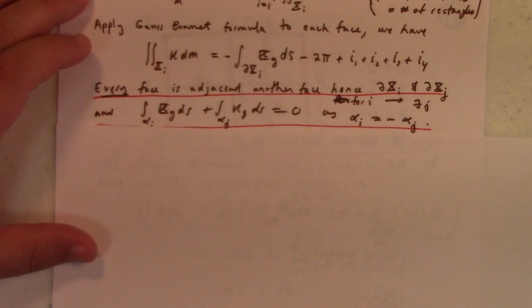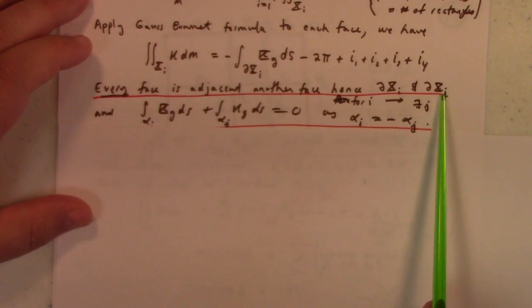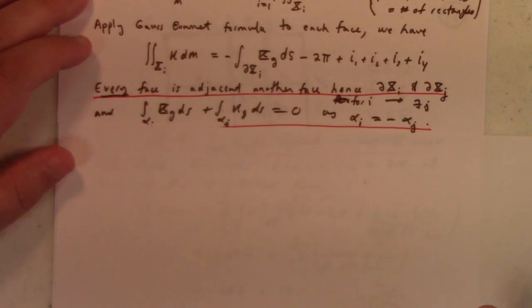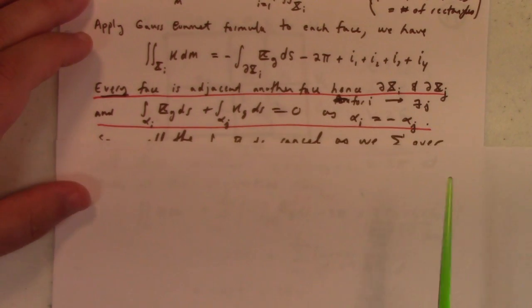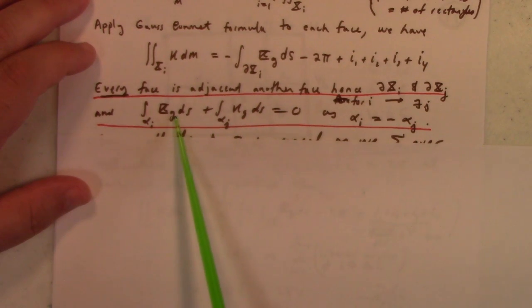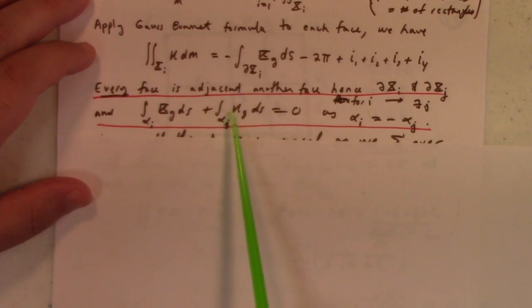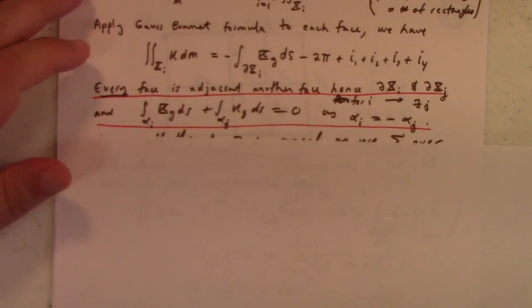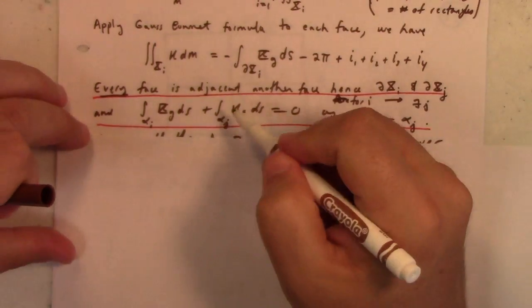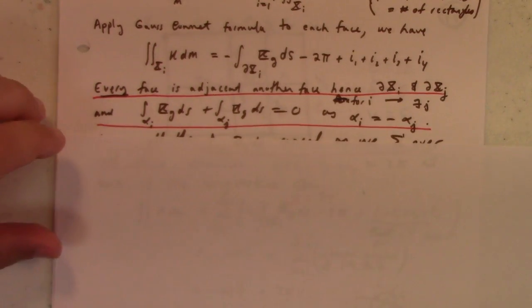But every face is adjacent to another face, and so the boundaries are overlapping. In particular, we have that the integral over alpha i plus the integral over alpha j, I think that's supposed to be, I've lost my kappa. The geodesic curvatures, they cancel.